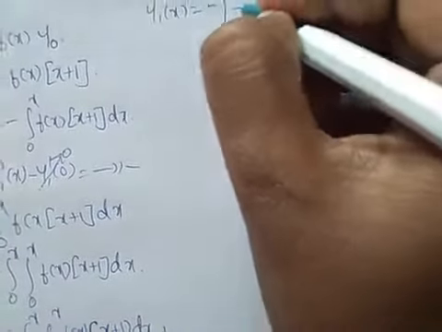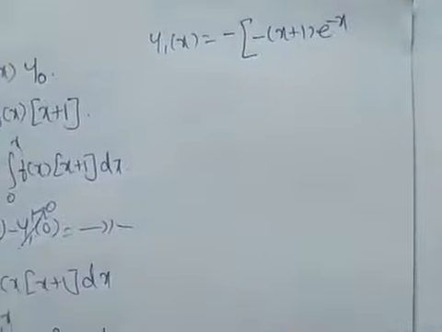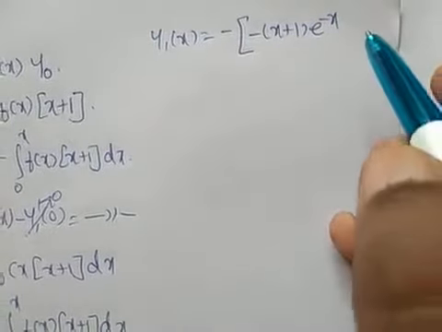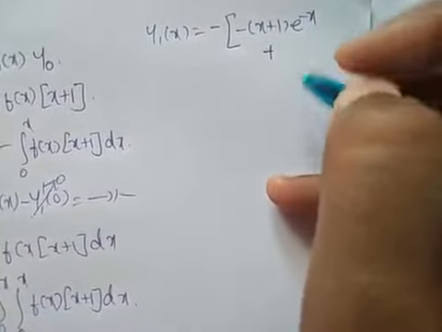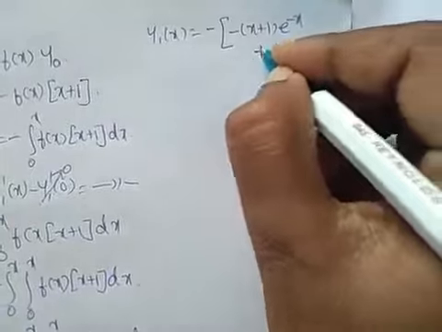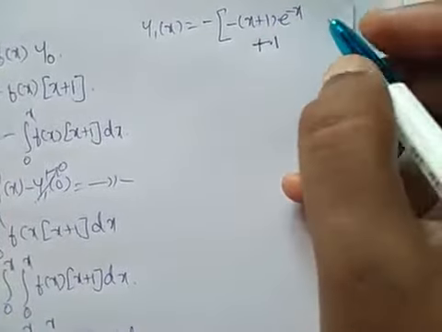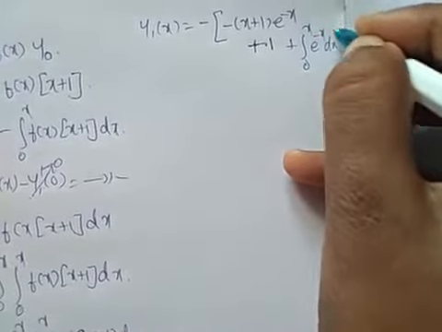When we substitute the limits, we have y1 dash of x is equal to minus (x plus 1) e power minus x, which is our upper limit, minus of minus is plus, 0 into 1, 0 plus 1. So plus 1 is our lower limit, plus integral from 0 to x of e power minus x is our next term.